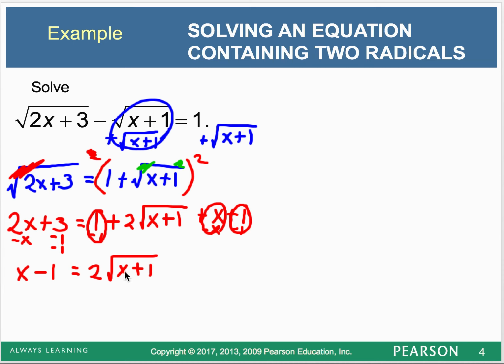Now this is one term. It's hooked together with multiplication. That's one term. So this radical term is all by itself. So now we square both sides, not individual terms, both sides.